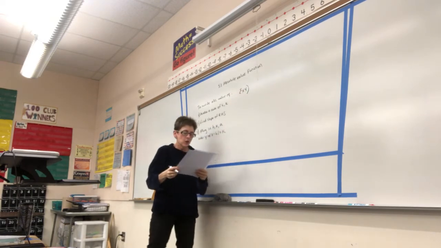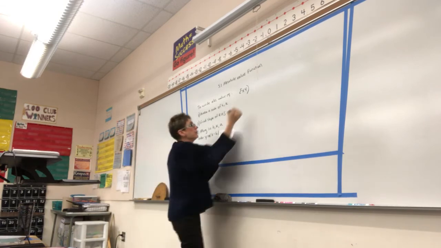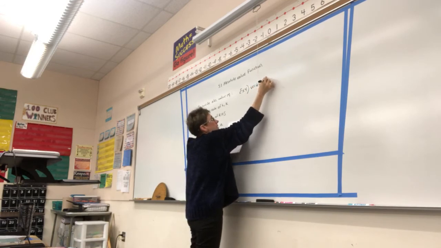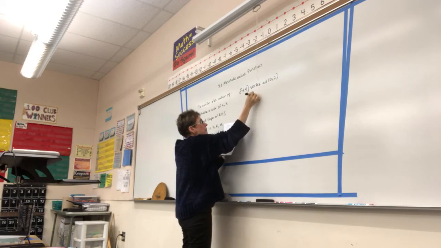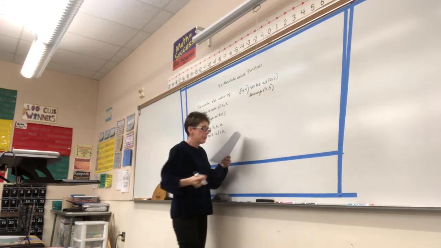It says, write the equation of the absolute value function with a vertex at (0, 2) and passes through the point (2, 3).